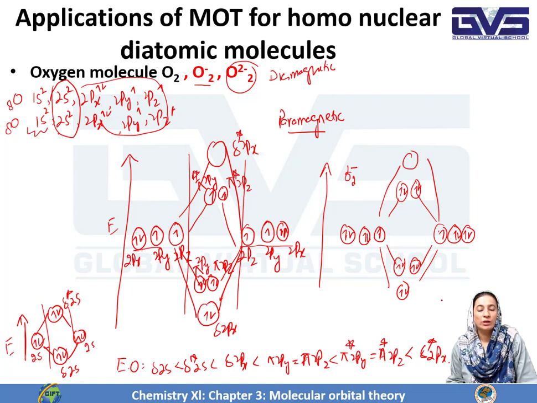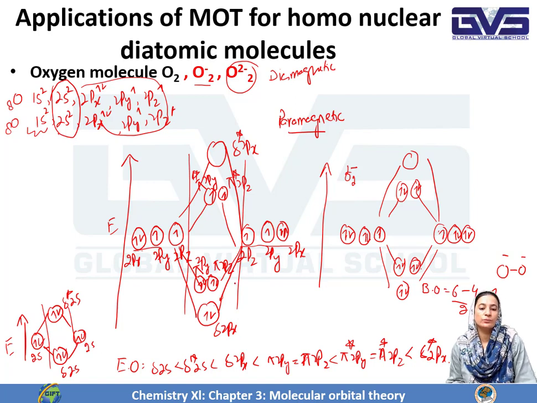And you can also calculate the bond order. In this case 6 minus 4 divided by 2, 2 by 2, so 1. So if it is O2 2 negative, there will be a single bond. For 1 negative, the bond order will be different. For O2 positive, the bond order will be different. For O2 2 positive, the bond order again will be different.